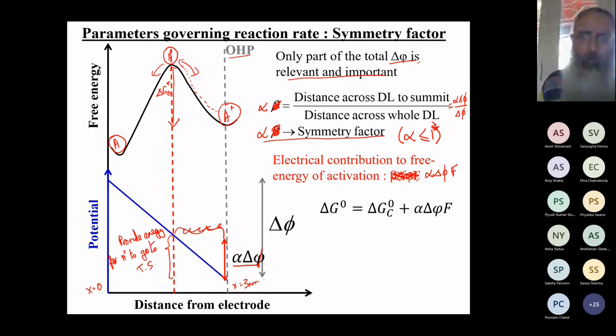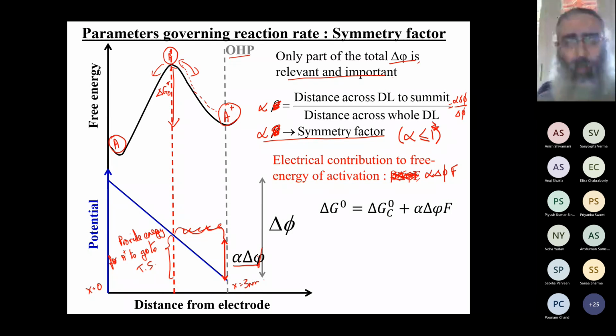Finished. End of the story. Because we are seeing that the reaction is happening, we are saying that only a fraction of the delta phi is actually used up in moving that reactant till the summit, the peak of the energy profile.